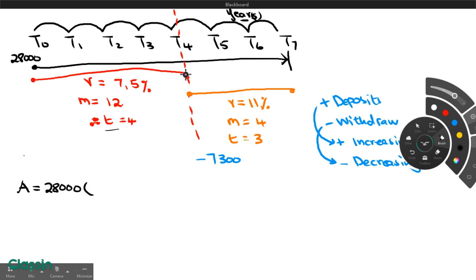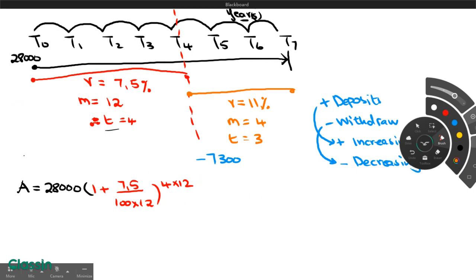So, taking the red line, from the red line we continue before withdrawal. So this one will represent the red section, which is 1 plus 7.5 over 100 multiplied by 12, to the power of 4 multiplied by 12.